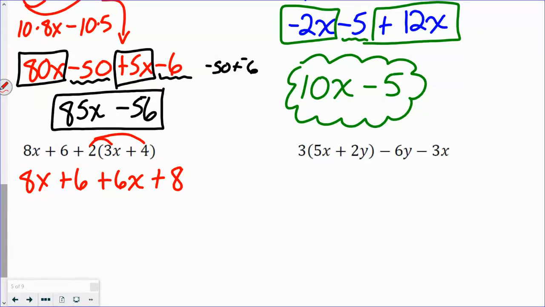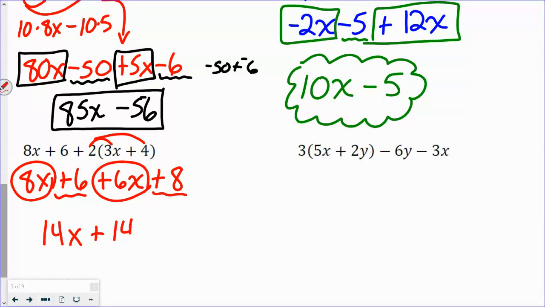Okay, go ahead, combine your like terms. I have a 14x plus 6 plus 8 is 14. Right? I challenge you to pause and try to do the next one on your own.